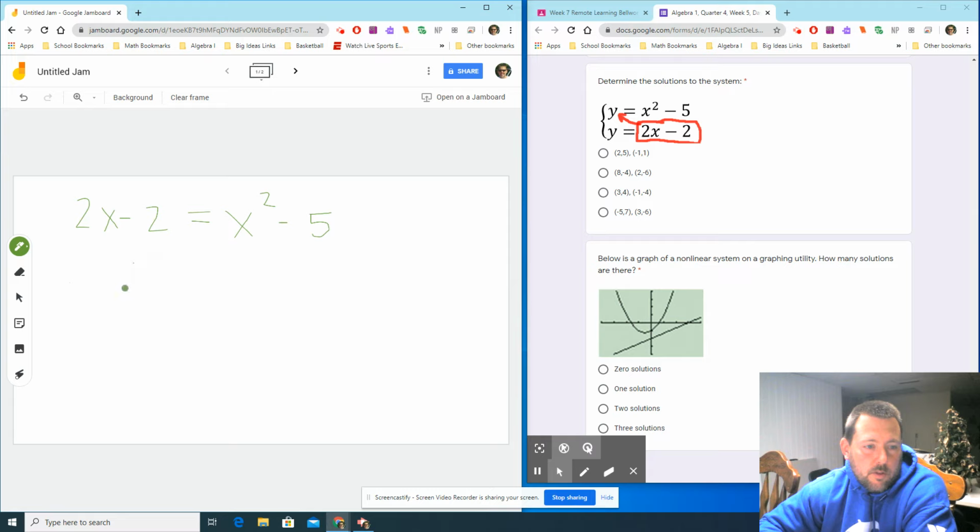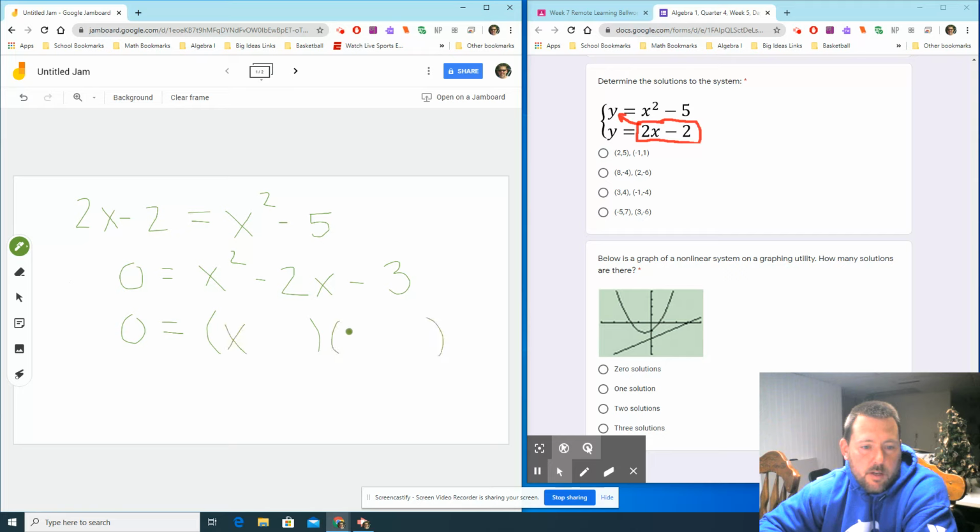So 0 is equal to x squared, and then negative 2x. And I'll be adding 5, so minus 3. Yep, that one's factorable. So go back to some real basic factoring here for you. Okay, so x and x, 3 and 1.